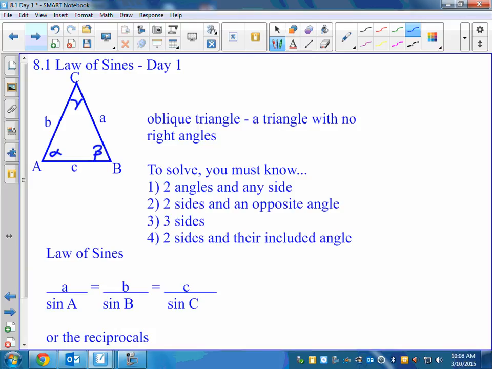When you're using the law of sines, they talk about this stuff, which maybe doesn't seem that important, but you can only use the law of sines if the given triangle gives you two angles and any side. If you remember that, that's angle, angle, side. Remember these things from geometry class?